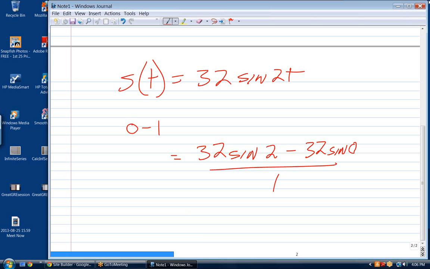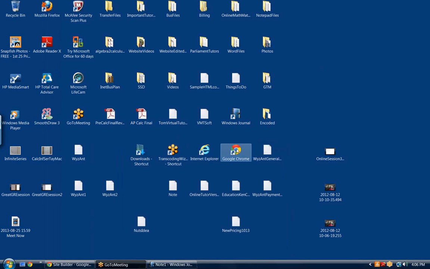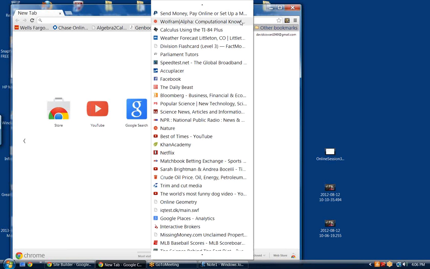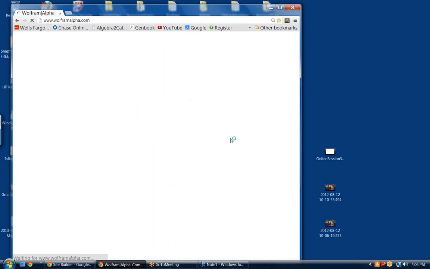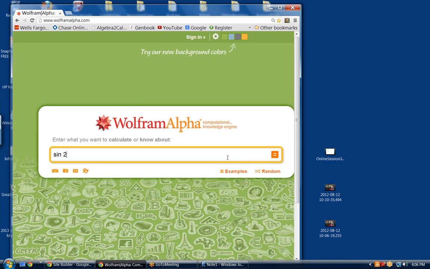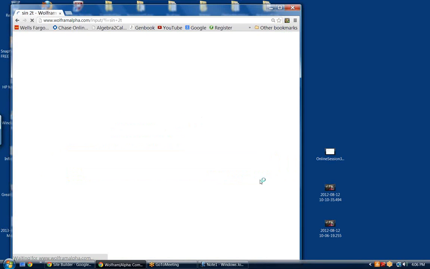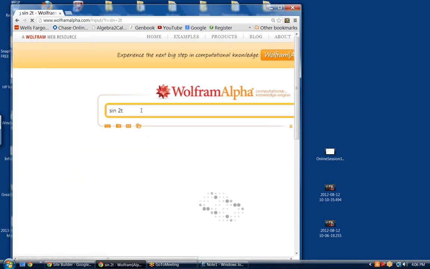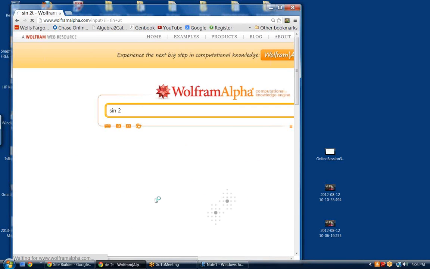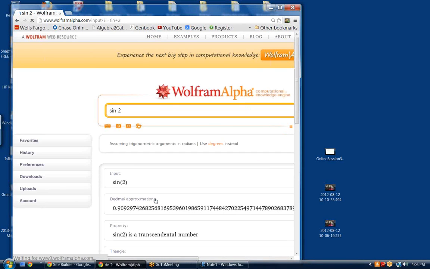Now let me go to Wolfram Alpha so I can show you how to... There's a sine on your calculator. Do you see where it is? Yeah, I see it. Put it in and follow it with 2 and hit enter, and it should give you the same answer you're seeing on my screen. I meant sine of 2.